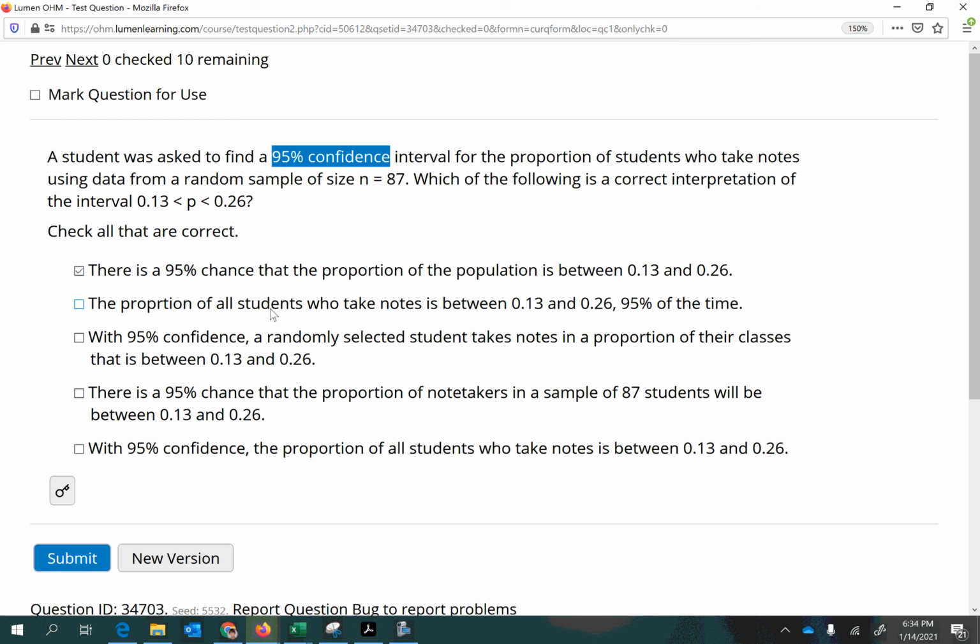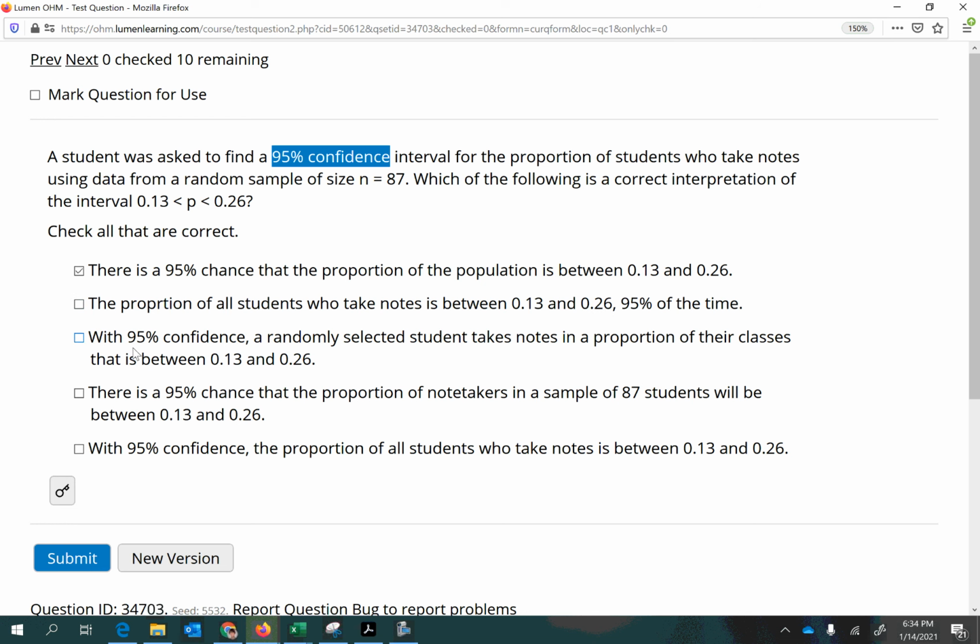We used a probability to figure out how far to the left and right of the sample proportion to go to find an interval of estimation for the true population proportion. But that doesn't mean 95% of the time that's what's going to happen. It just means we've made this estimate with 95% confidence that the true population proportion falls within that range. So I'm going to skip that one.